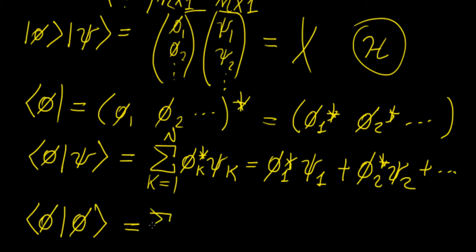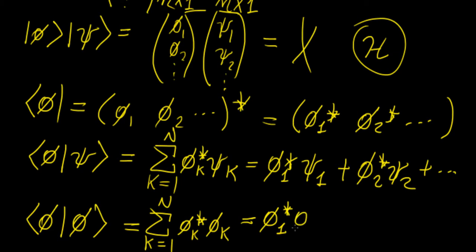Now this would just be the sum to n of all the elements of phi, so we would have the complex conjugate times this quantity here. So this is just going to be phi 1 complex conjugate times phi 1 plus phi 2 complex conjugate phi 2 plus so on and so on.